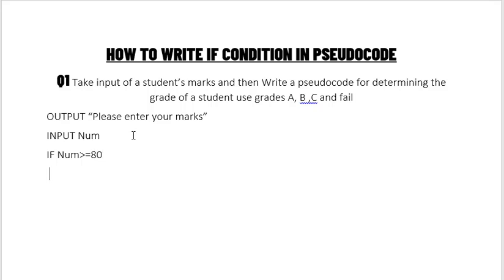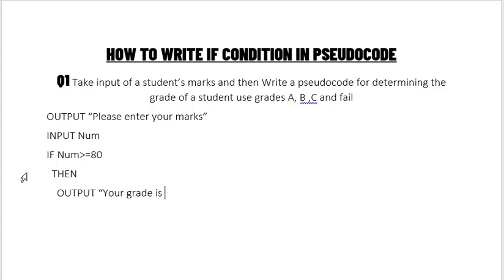Then we're going to leave space and write THEN, because the indentation is important in the pseudocode. After that we're going to leave another line and give another indentation and write OUTPUT, because if this condition is true, if the number is 80 or above, then we're going to output apostrophe open your grade is A.